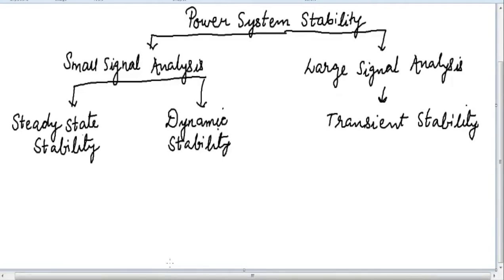Power system stability is a term which is applied to the AC electrical power system. So let us see the definition of power system stability.